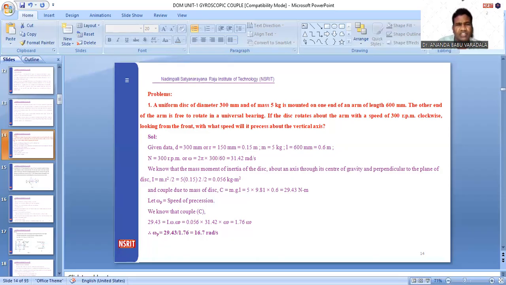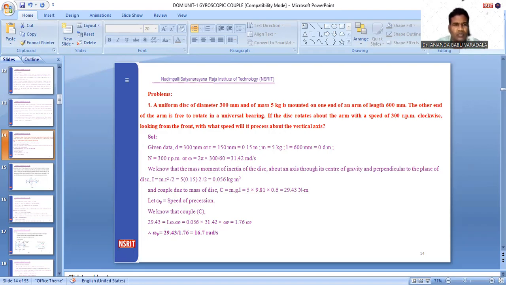So by substituting the mass and radius of the disc, we will get I equal to 0.056 kg meter square. The unit for the mass moment of inertia is kg meter square, and the unit of the couple is Newton meter.